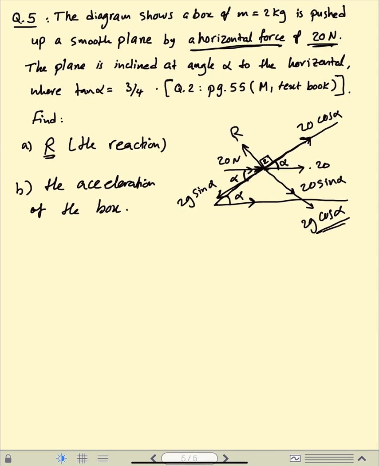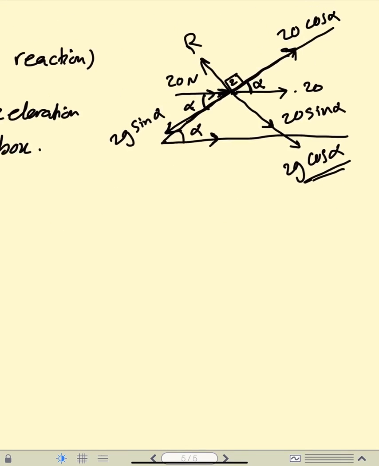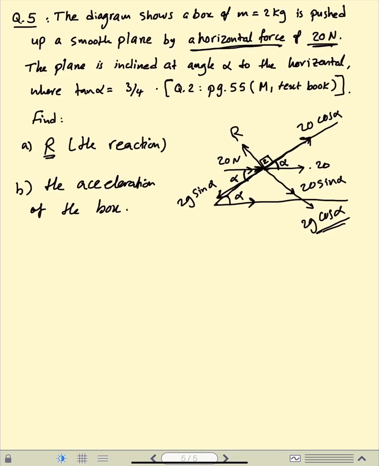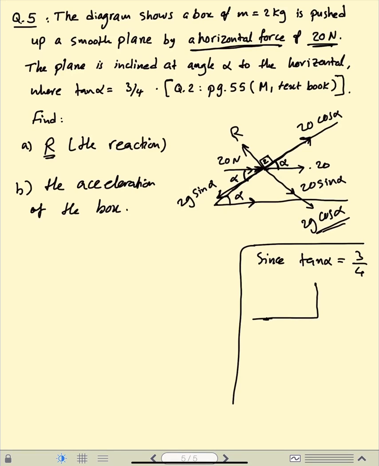Now we are given everything in this question, but in a different form. Before I write the equations of motion, focus here, my dear students. Since tan alpha is 3/4, this is alpha, this is 3, this is 4.